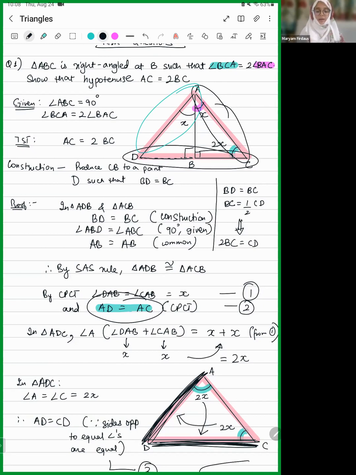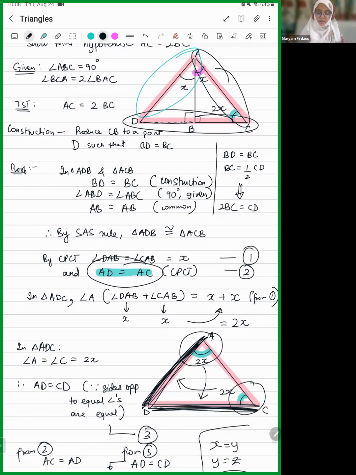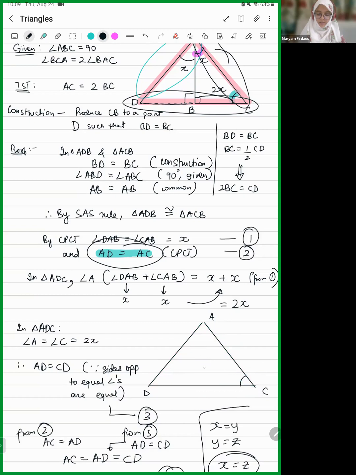So how do we show that part? We are showing that this angle and this angle are equal. Or what we could have done is take this angle and this angle as equal, then this will become equal to this. So you can say that this angle is equal to this angle, because we have already shown that this is equal to 2x.